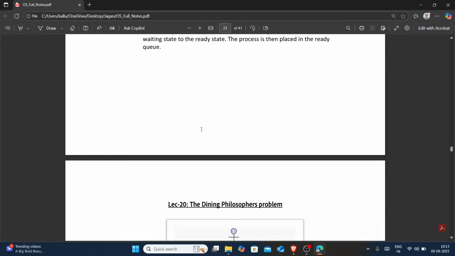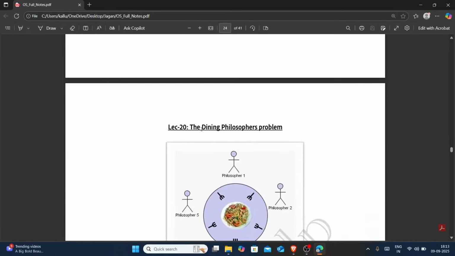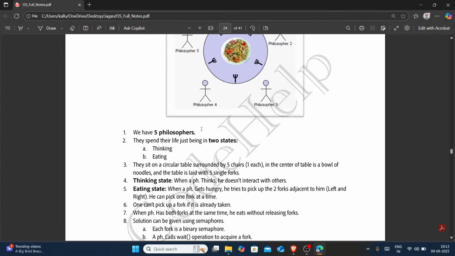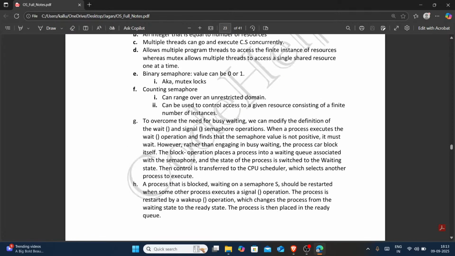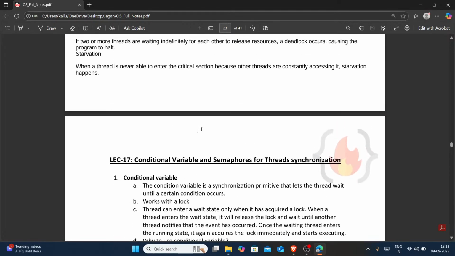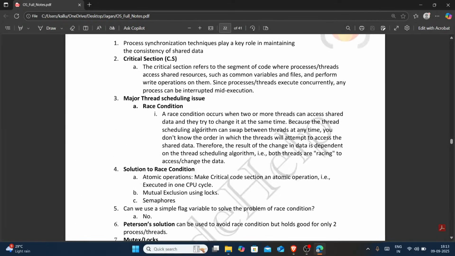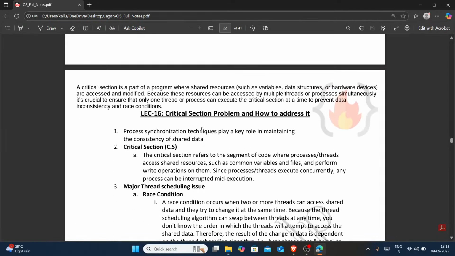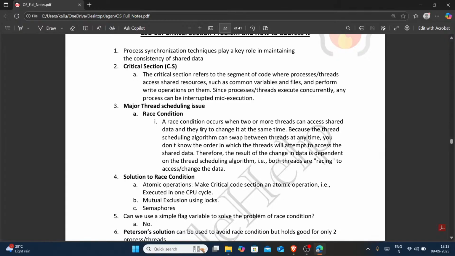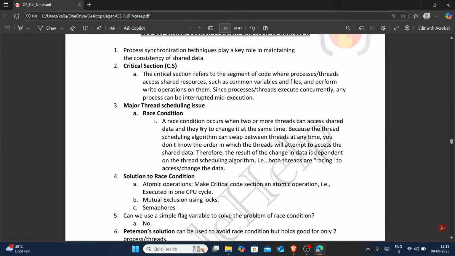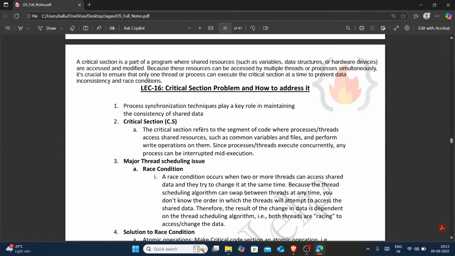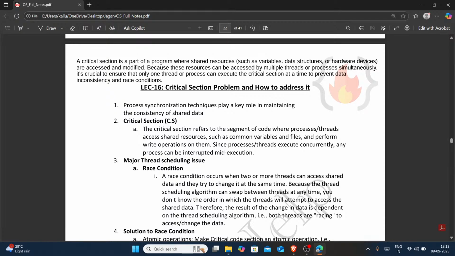This is one of the concepts I have to study. So let's again study the critical section problem and how to address it.